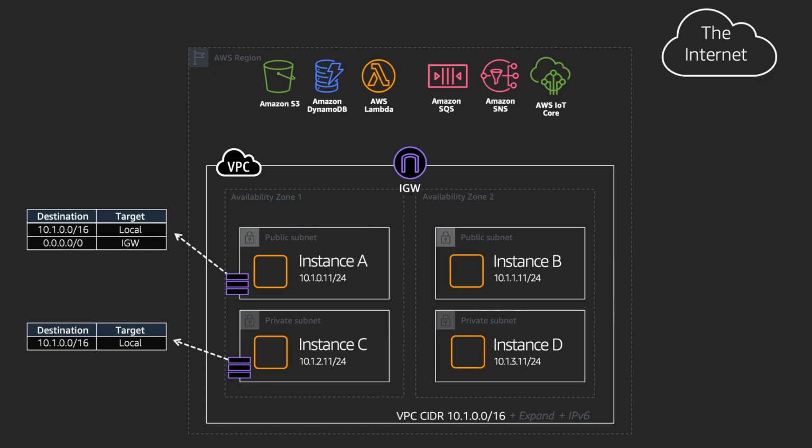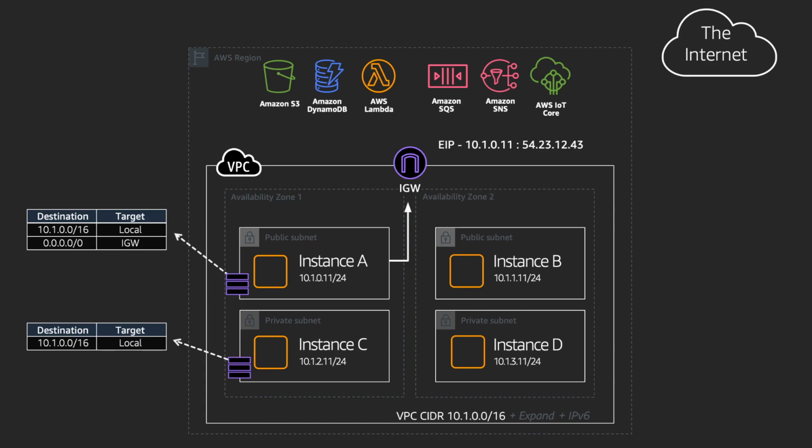Now, in the public subnet A, we've now configured a default route, or a 0.0.0.0/0, via the internet gateway. We then configure what's called an elastic IP, or in this case, it's a 54.23.12.43. And that's actually a public IP that's configured in Amazon's public range advertised out to the public internet. So now what we've basically got is a static one-to-one NAT from a 10.1.0.11, which is instance A, to the 54.23.12.43.